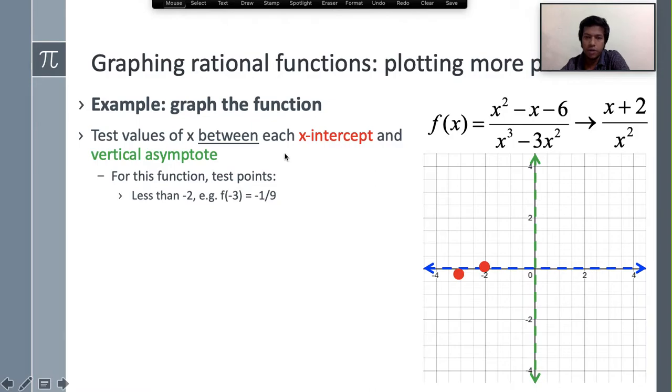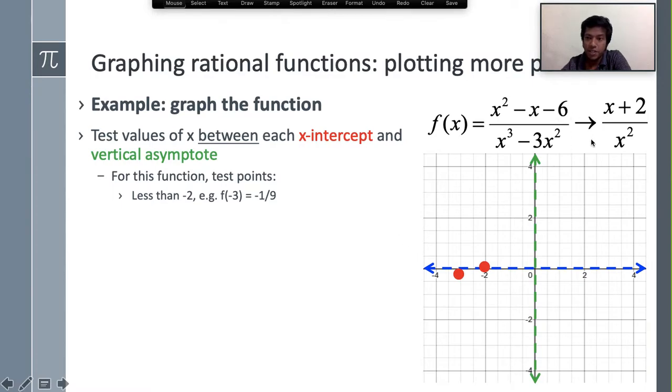Now check for some other points. In addition to finding all these concepts, we still have to think about some points, so that we understand which direction the graph will go and exactly what point it will go through.